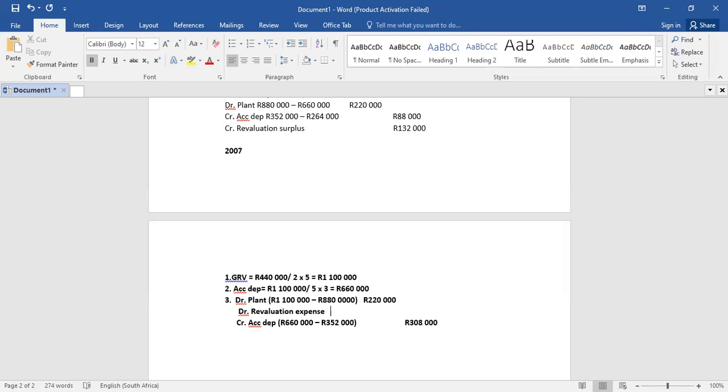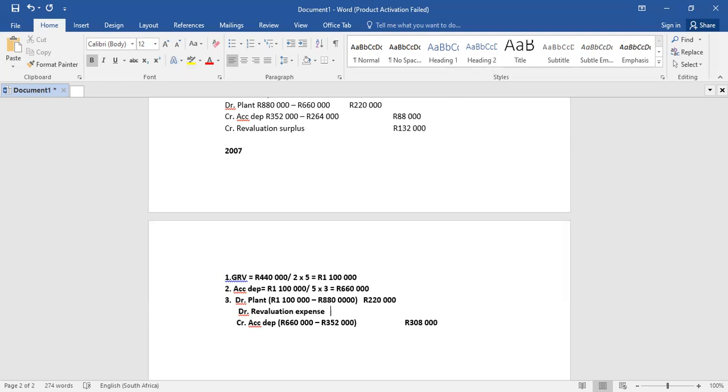What do we call this? Kune-fair value. I-fair value yethu u-440,000. Imalini i-carrying amount yethu ngo-2007? Imalini, guys? How much is our carrying amount?